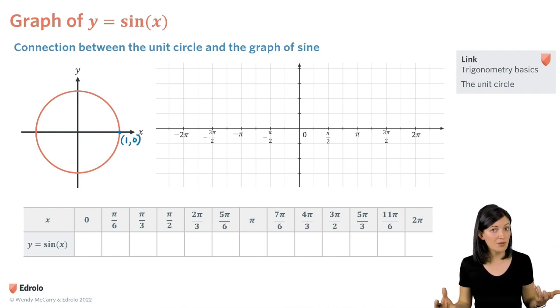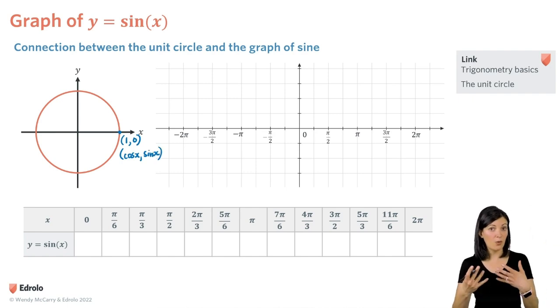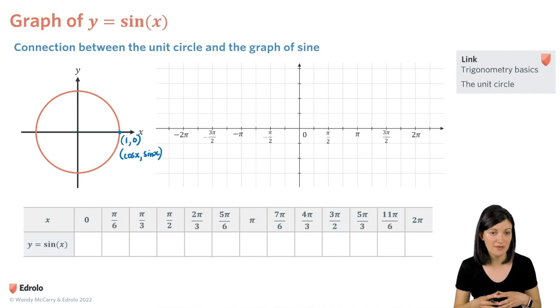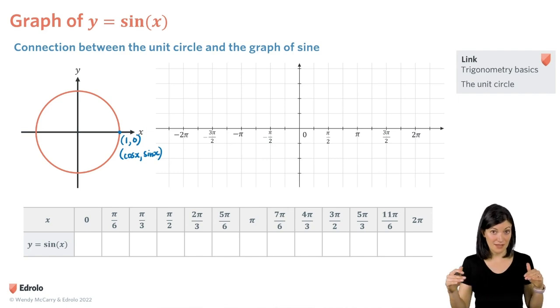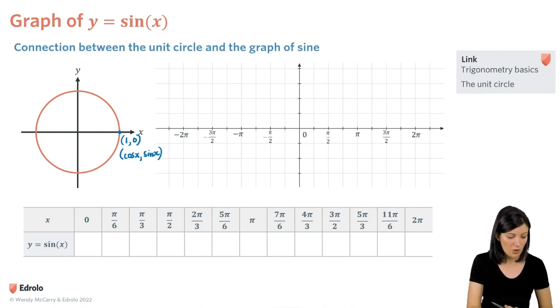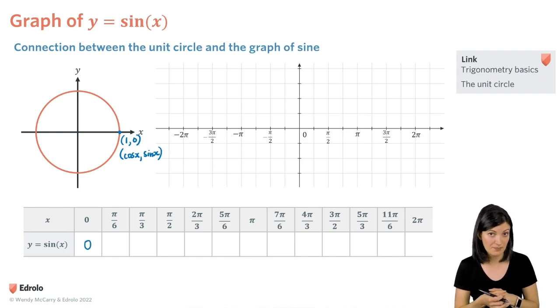But we also learned that that point could be expressed in the form (cos x, sin x), remembering that our y-coordinate is the value of sine x. The angle there is 0. So if I look at the sine of 0 degrees, the value of the y-coordinate there is 0.